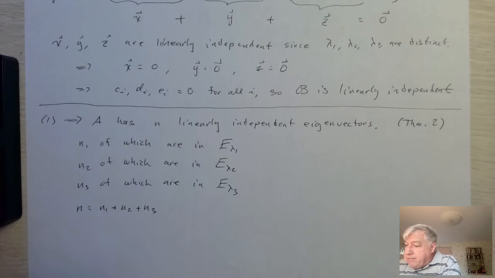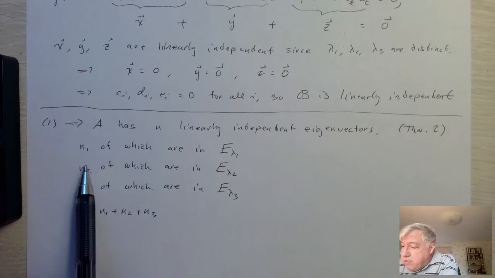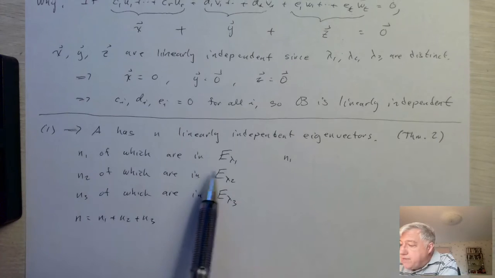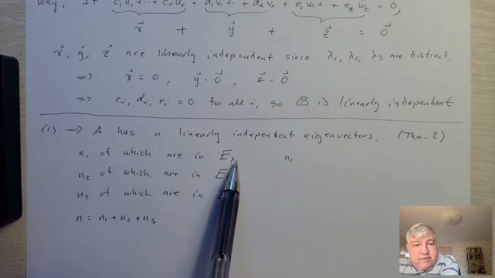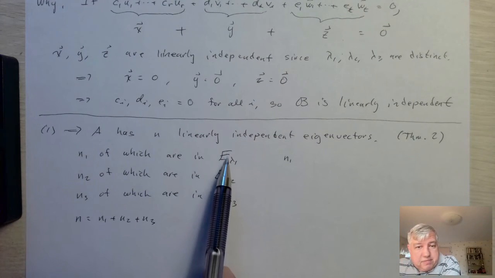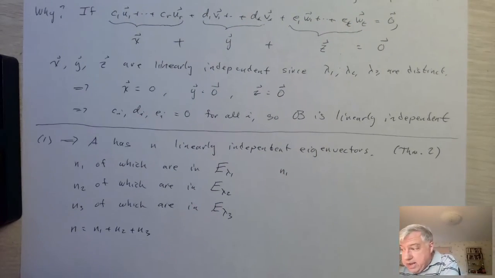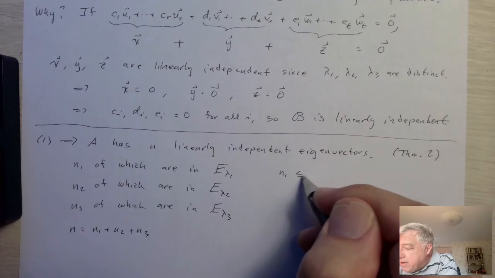But at the same time, we know that these n1 vectors are linearly independent vectors in this space, and the dimension of this space is r. So n1 has to be less than or equal to r.